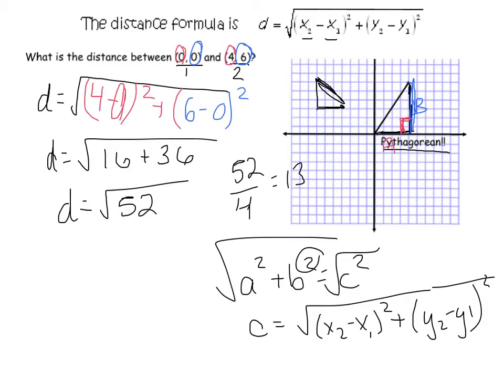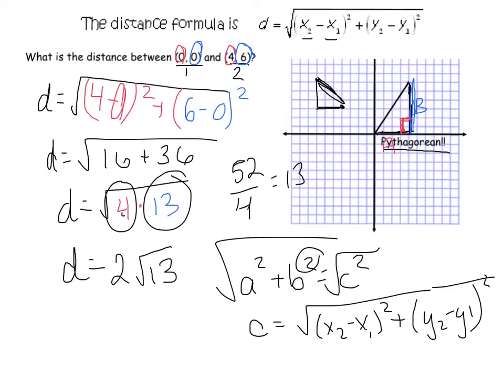So if we say that 52 is the same thing as 4 times 13, then I can say the square root of 4 is 2, and the square root of 13, well, I don't know what the square root of 13 is, so I'm just going to keep it as the square root of 13. There you go.